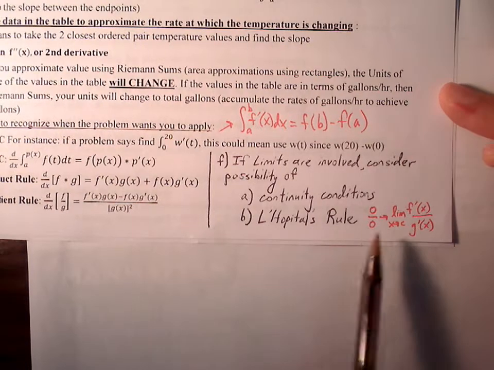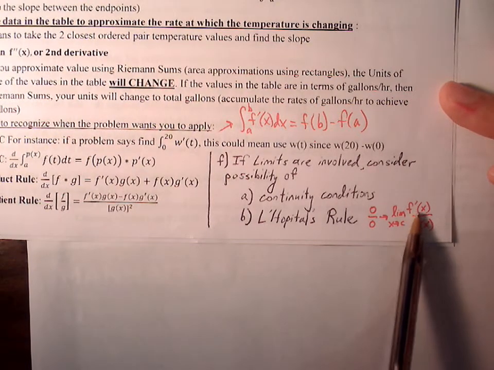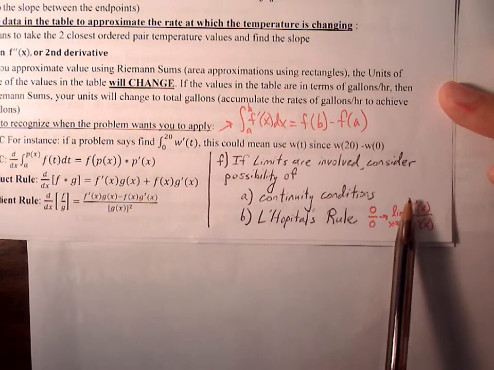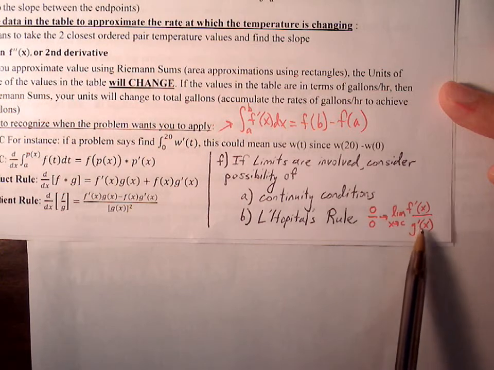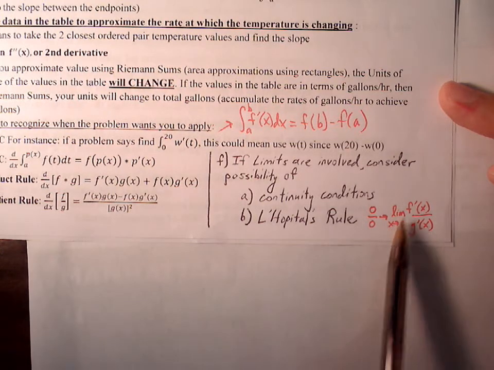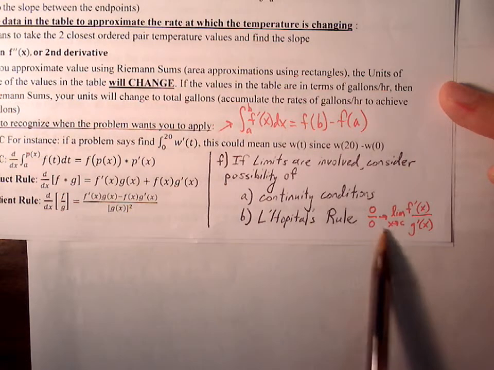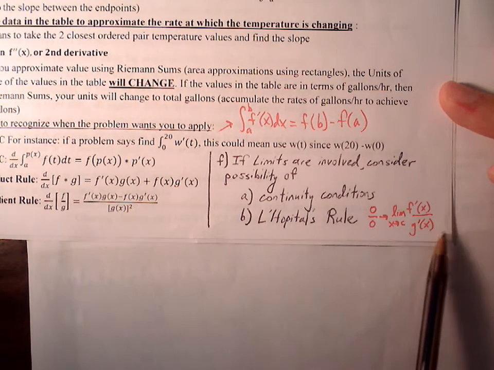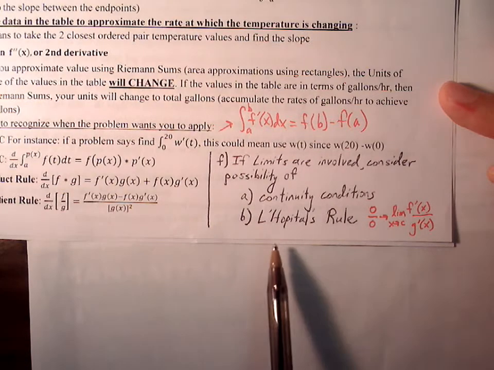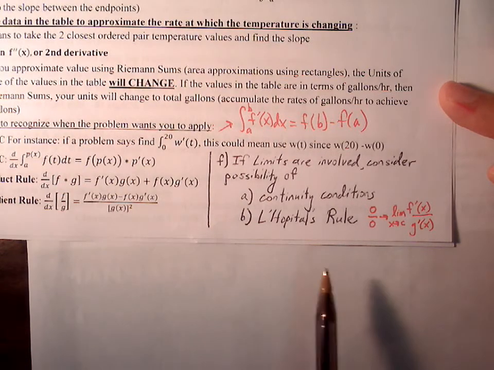And L'Hopital's rule just says you're going to take the derivative of the numerator expression and then separately take the derivative of the denominator expression and then reevaluate all your variables with your x value. And that should bring us to a real number, and that real number will represent the limit of that expression.